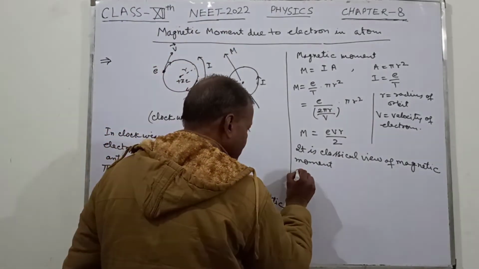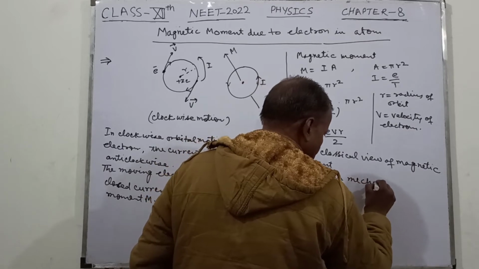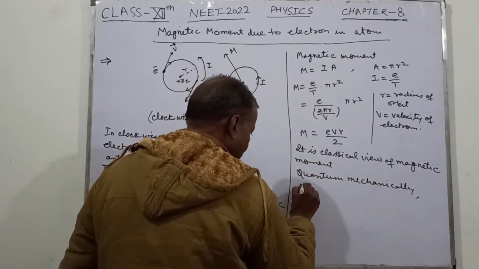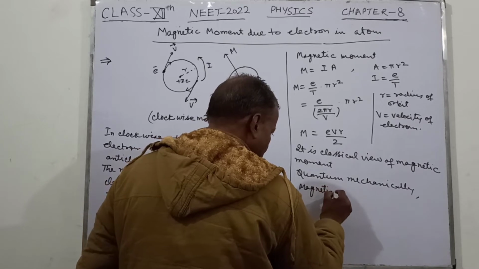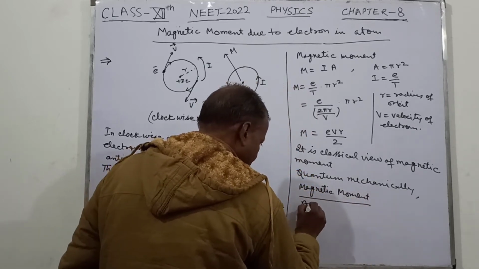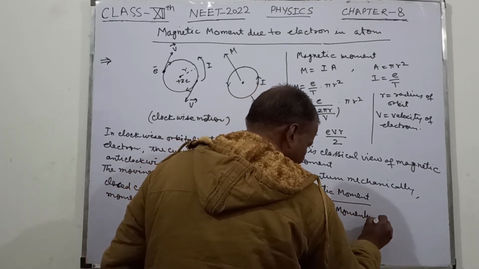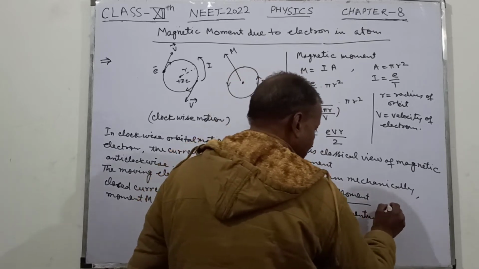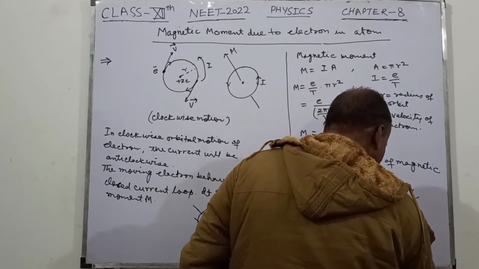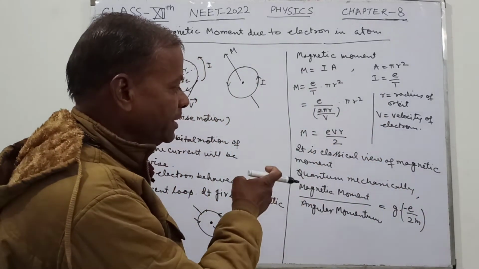Quantum mechanically, the magnetic moment upon angular momentum is equal to g into e upon 2m, with a minus sign, since the electron has a negative charge, so we have taken the minus sign.